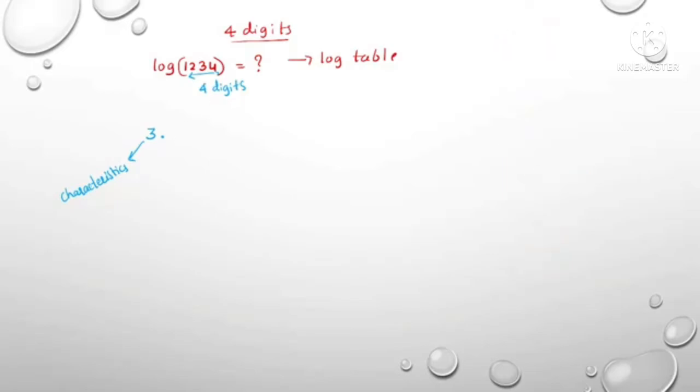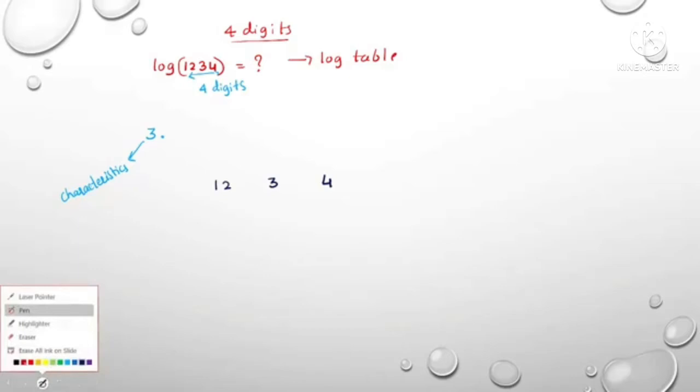Now observe the number. There are 4 digits here: 1, 2, 3, 4. I am going to write the first 2 digits 12, third digit 3, fourth digit 4. Now the first 2 digits we have to observe in the main column of the log table.